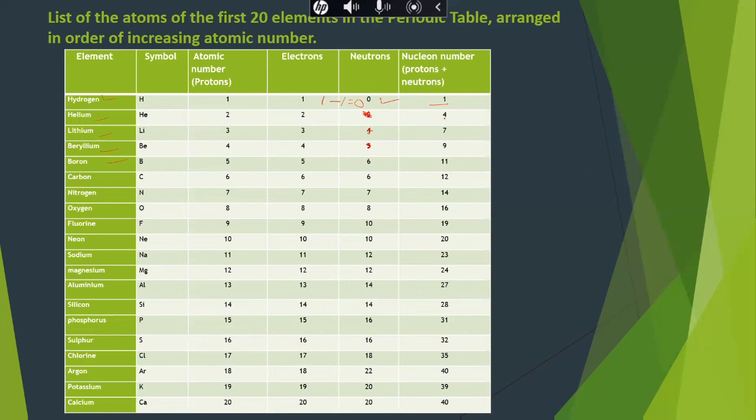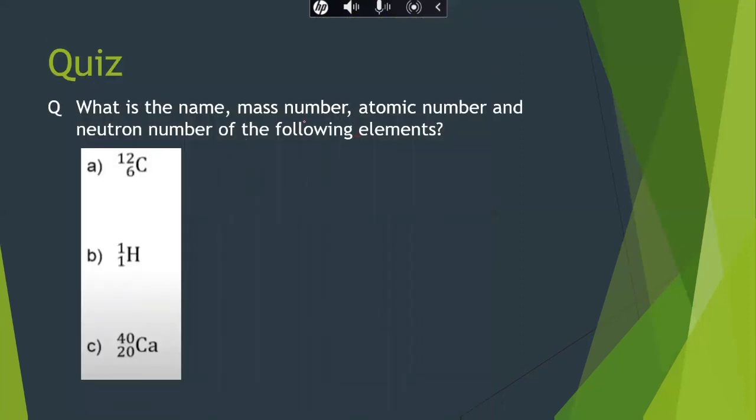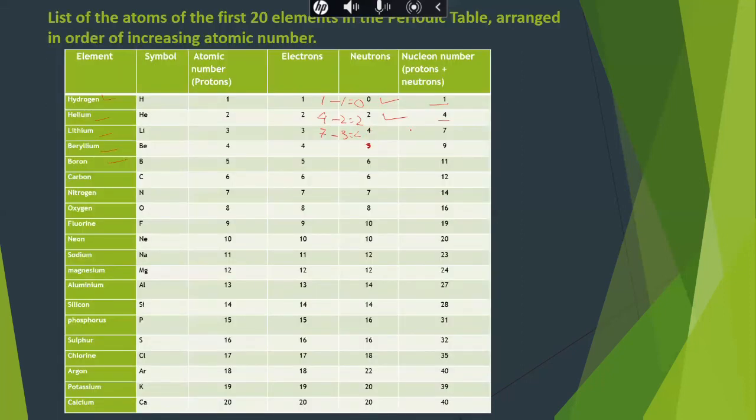Another one, mass number, proton number, 2. Oh, yes, correct. 7, mass number minus proton number, 4. Correct. All right, I hope you got this and grasp all the ideas related to how to calculate the number of neutrons.